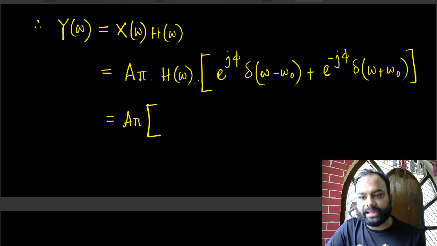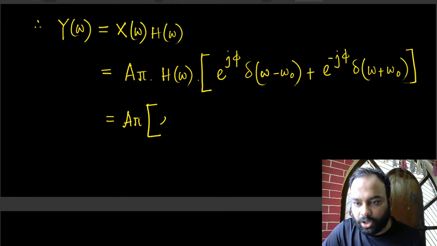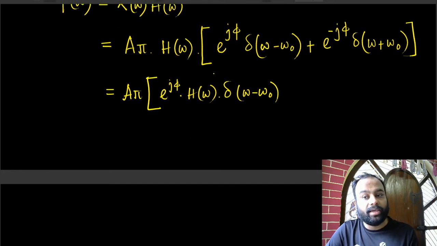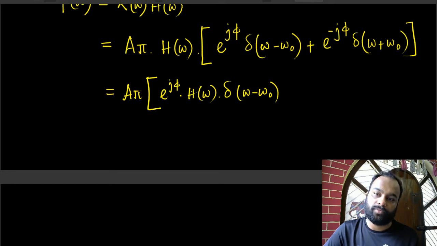if I go inside this and multiply this with all these two terms, e to the power j phi is a constant because phi itself is a constant. So I have e to the power j phi, then I have multiplied with H omega, then with delta omega minus omega naught. Again, look very carefully. This is delta multiplied with H omega, which is a function of omega.